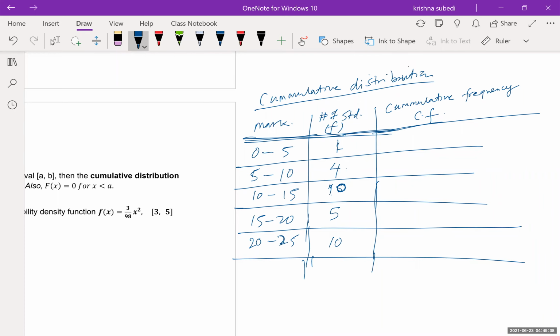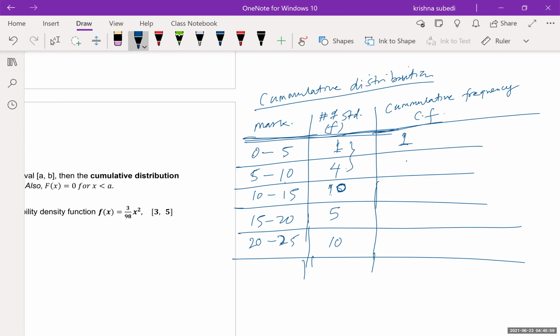Now, cumulative distribution means how many students score from 0 to 5 is just 1. You write 1 there. In cumulative distribution, you cumulate this one and this one together. How many students score between 0 and 10?